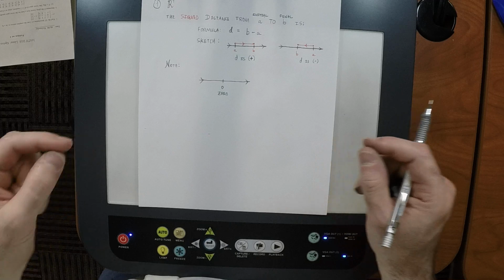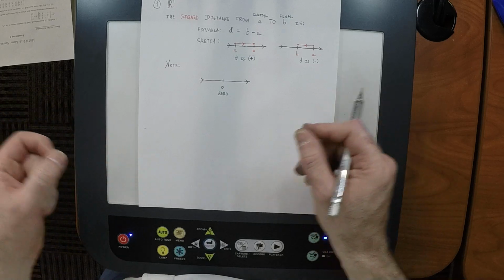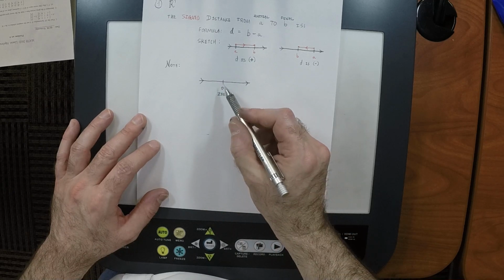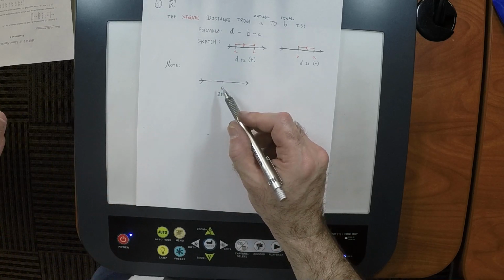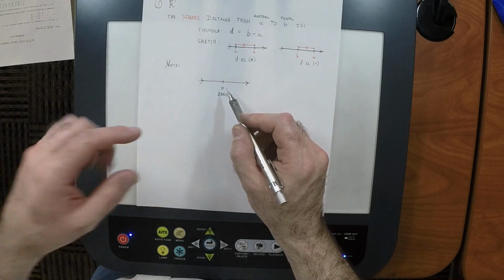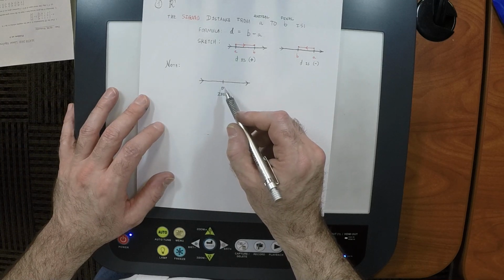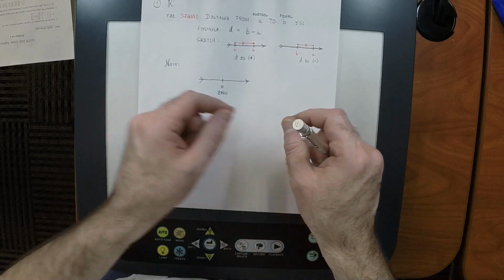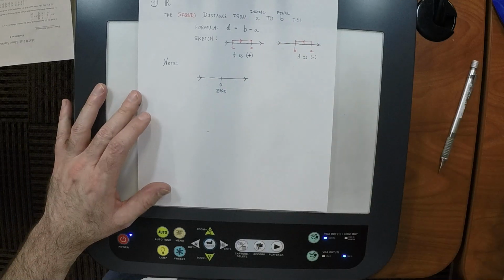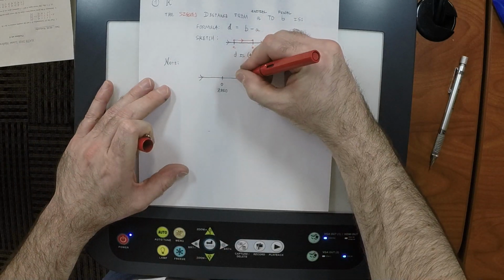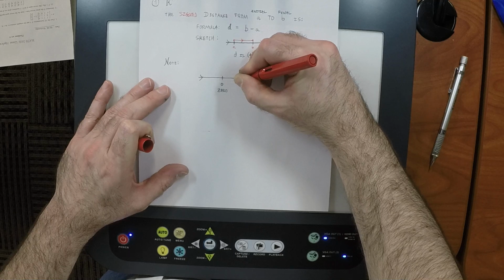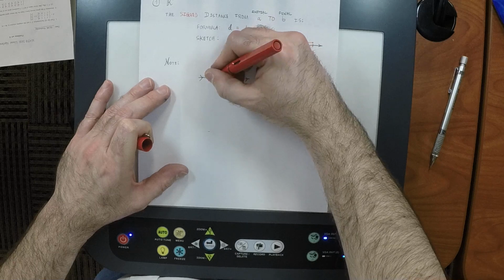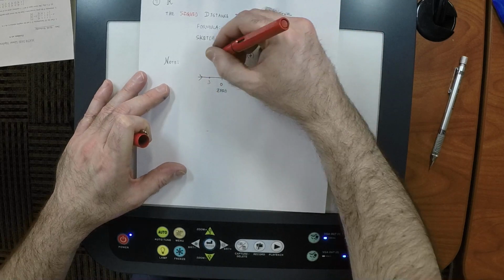I mean a linear measuring device. Then I could say, how many points, according to the ruler, have distance 3 from 0? How many of them? Well, it'll be 2, right? So there'd be this one here, and this one here. So they both have distance 3.